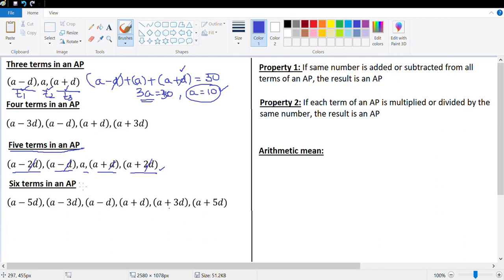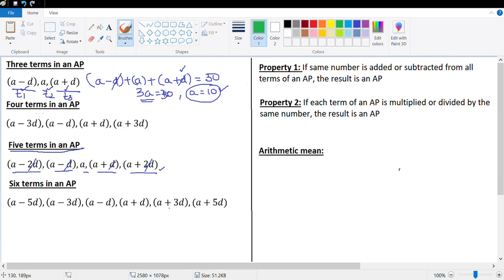So if there are an odd number of terms, which is 3, 5, 7 and so on, then you should take the terms like this. If there are 7, there'll be a minus 3d, a minus 2d, a minus d, a, a plus d, a plus 2d, a plus 3d. In your grade 10, you will have questions related to 5 terms or 3 terms. You shouldn't get any questions related to 7 terms.